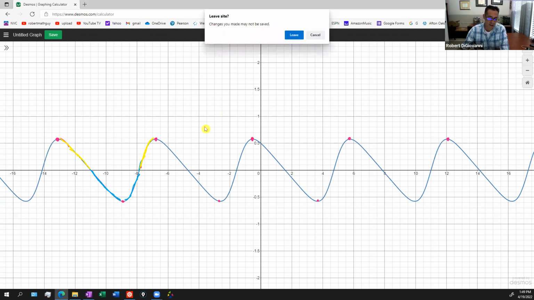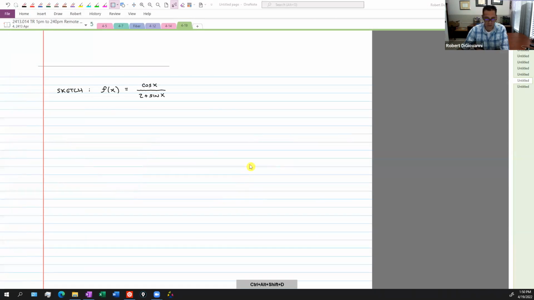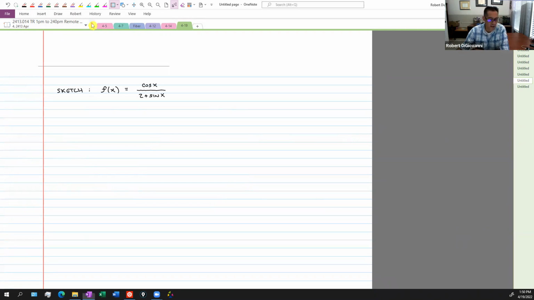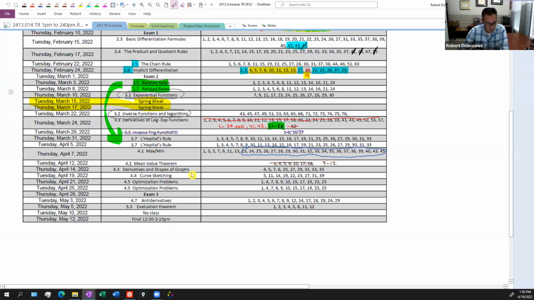All right, that's it. I'm moving on because I don't want to do any more of that. We could literally spend the next 8 weeks sketching functions by hand. And some of the problems in the homework assignment for this, curve sketching, I would say just ignore all these problems.